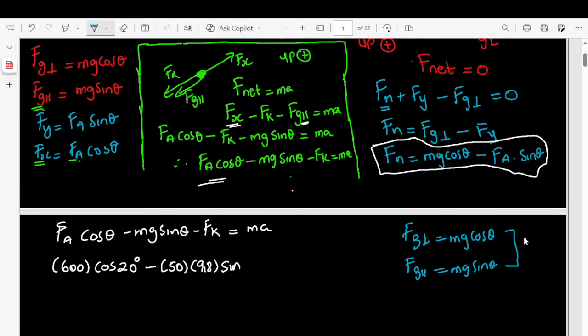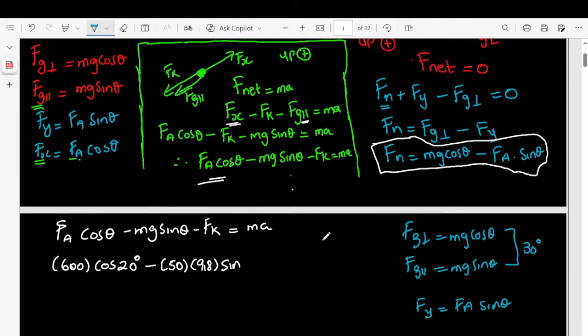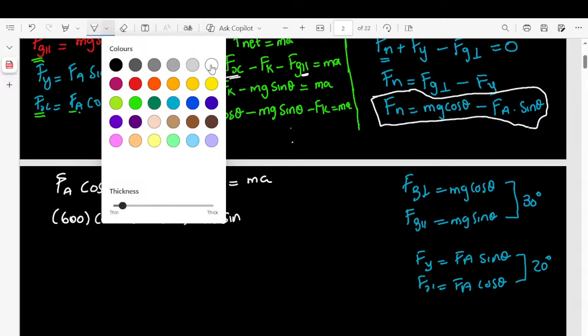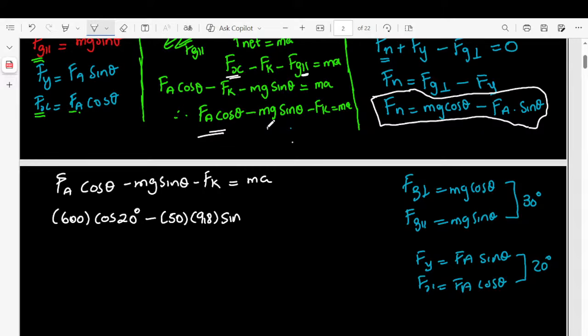So for this one, we use the 30 degrees, and then we have Fy, which is equal to Fa, the sine of theta, and Fx is equal to Fa, the cos of theta. These two are for the applied force, and then we're going to use the 20 degrees angle. Please do not make a mistake when it comes to that. That might affect the final answer.